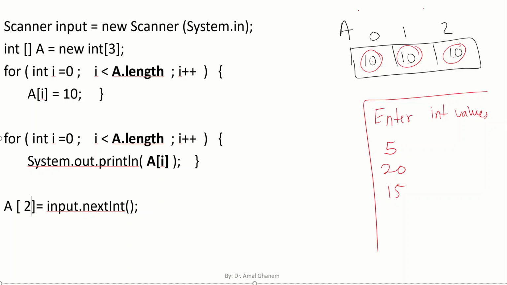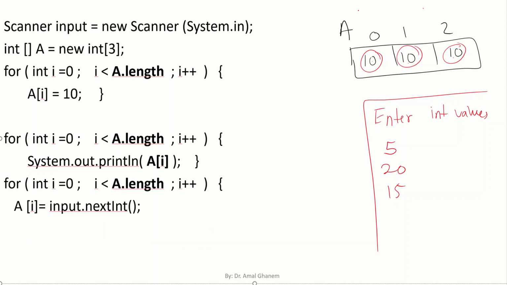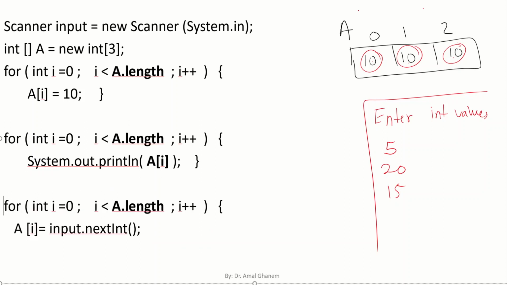So instead of using a specific number, I will use a variable i, and I will include it in a for loop. Let me copy this loop because this is the same thing I'm using, and we will close the bracket.